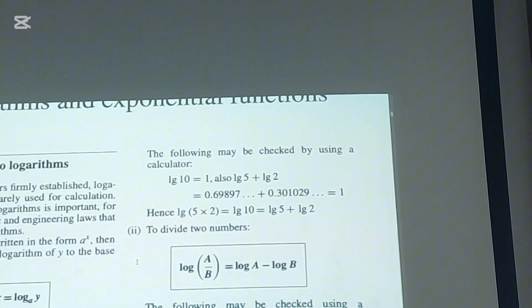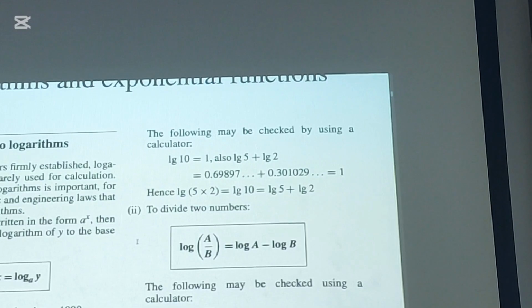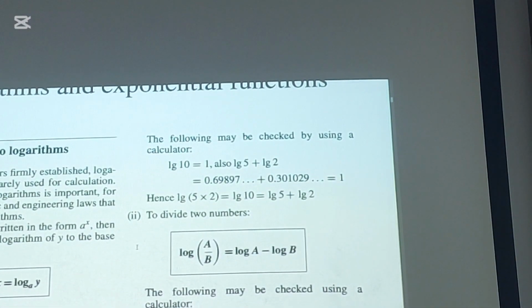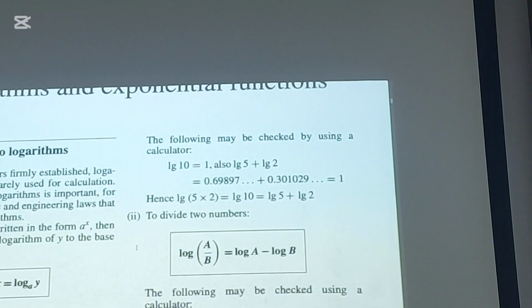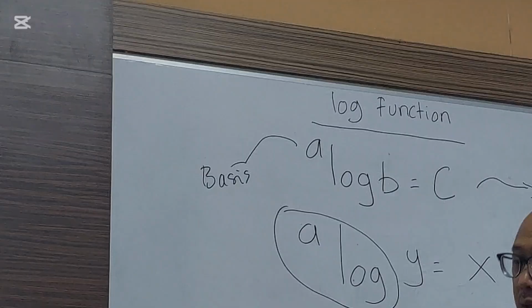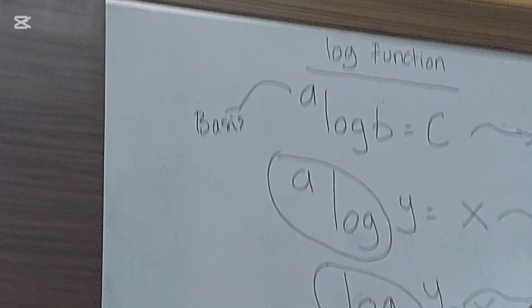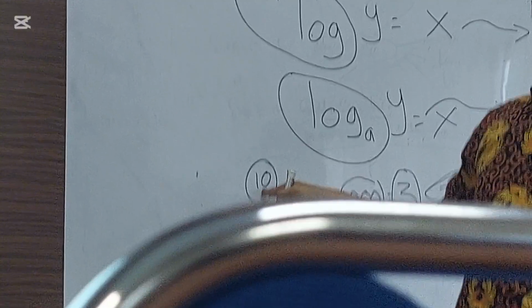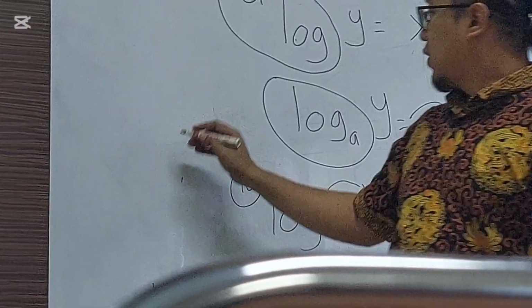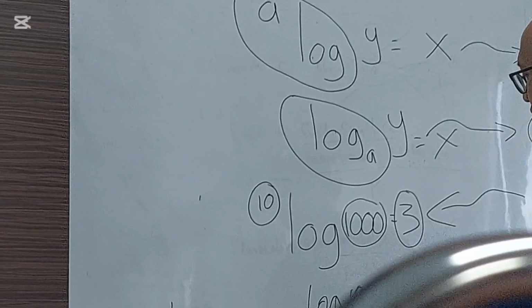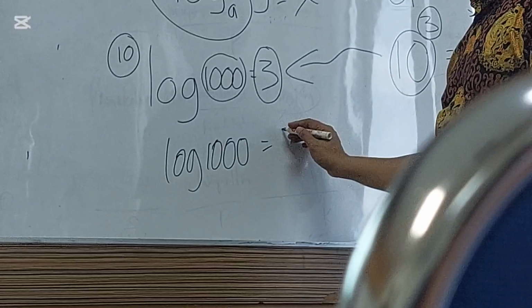And then usually the number A is called the basis number. If the basis number is equal to 10, usually you don't need to put it; you can simply say log 1000 equal to 3.